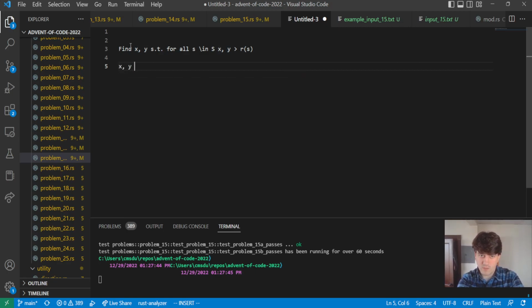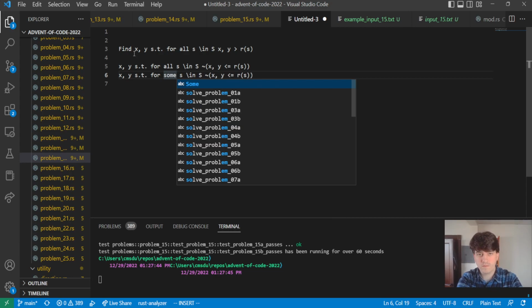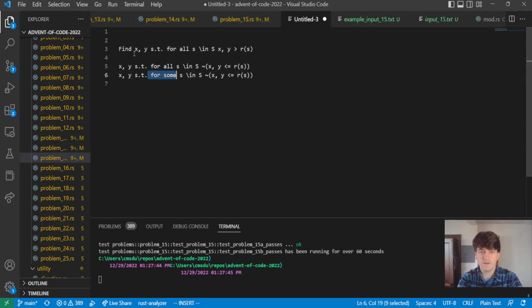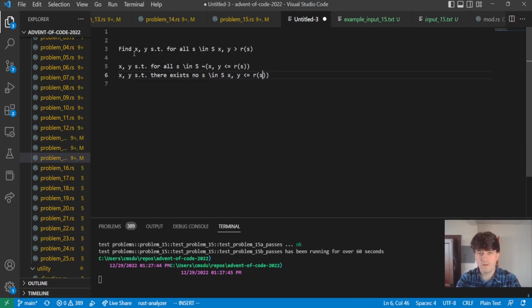Which is the same thing as xy such that for all s in S, not xy is less than or equal to r of s, which is the same thing as there exists no s in S such that this is true.